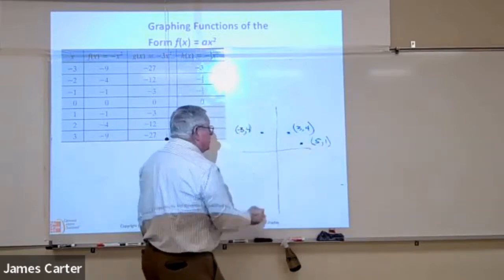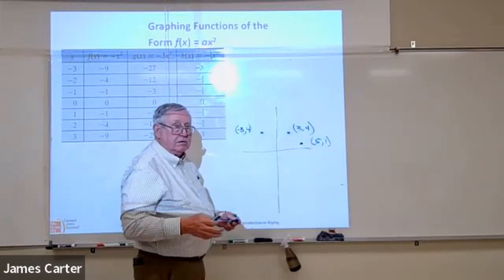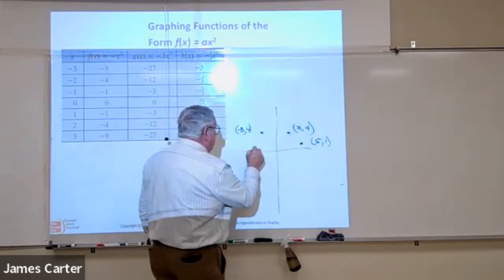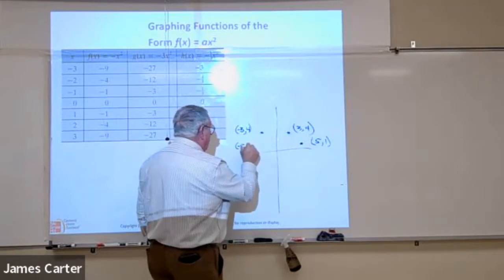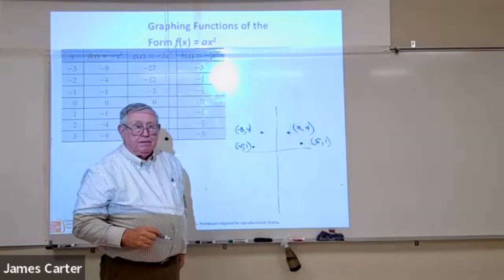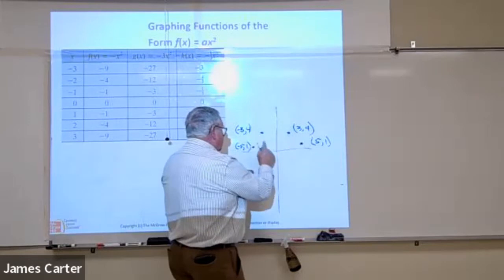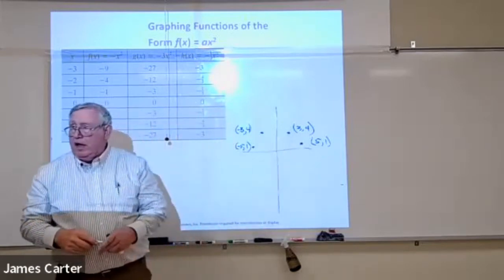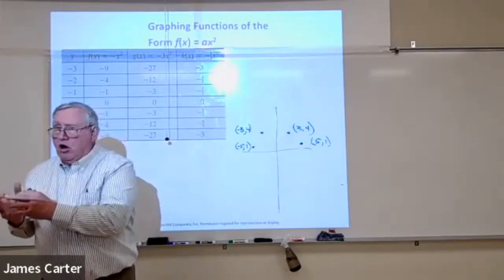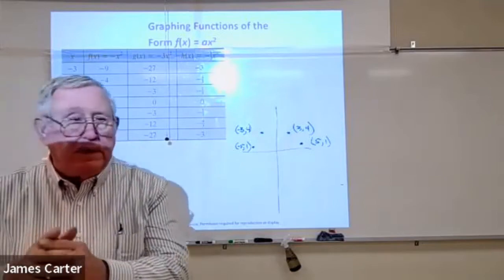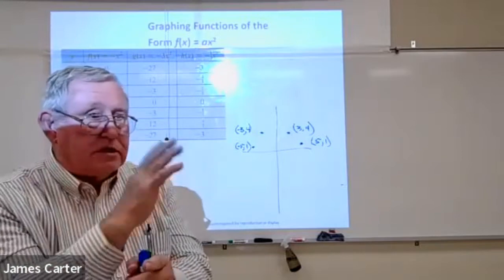If I change x to negative x, if I just arbitrarily do that, then I would have this point, negative 5, 1. This point is reflected across that vertical y-axis. Okay? That is a hard and fast rule. If you replace x with negative x, it will reflect it across the y-axis.